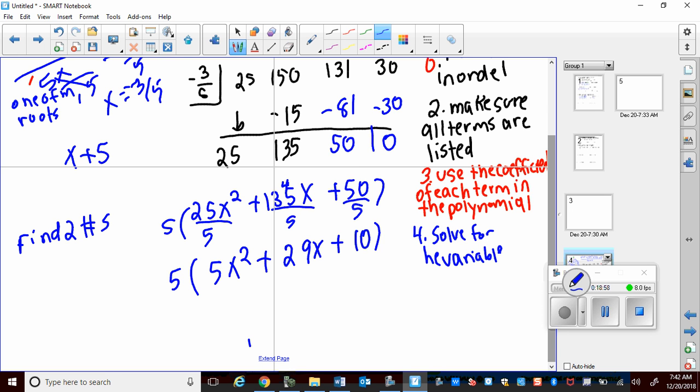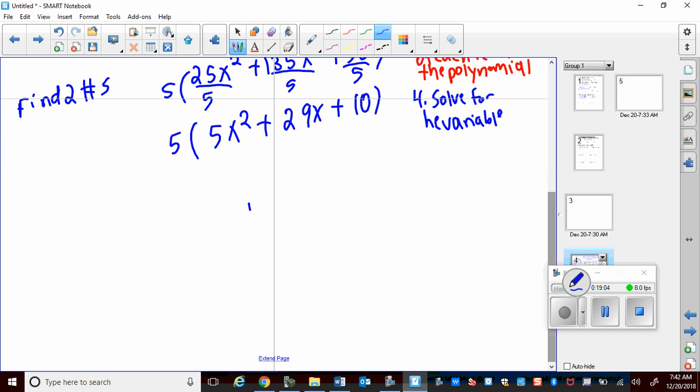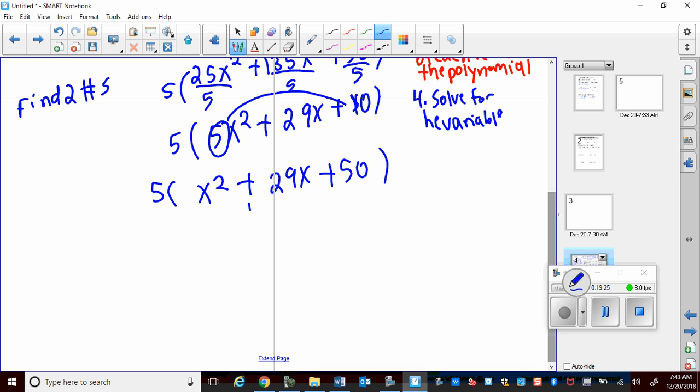Now, what I'm going to do is use the slide and divide method because it's kind of hard to factor this. So I'm going to push this over here, right? And I'm going to keep my 5 out here. I have x squared plus 29x plus 50, right? Now I'm looking for two numbers that multiply to 50 and add up to 29. So I have 25 and 2, that gives me 27.